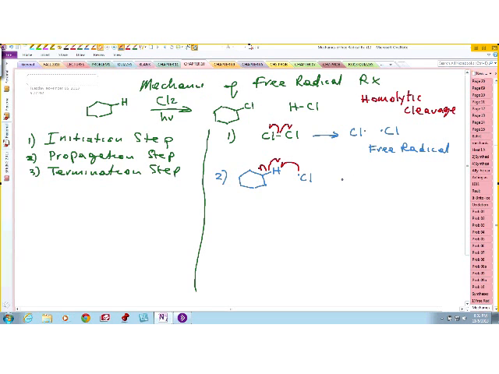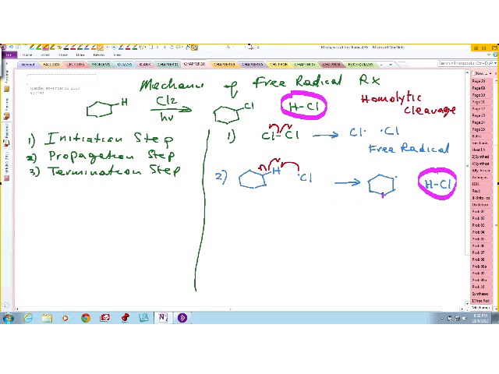So now we have this. This is the step of the reaction mechanism during which we are forming hydrogen chloride.